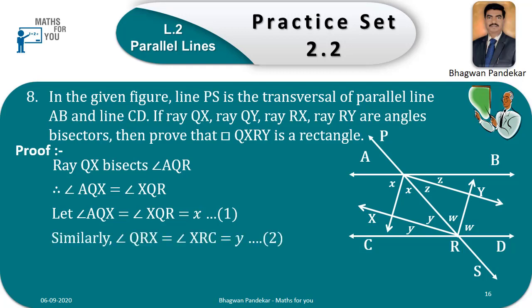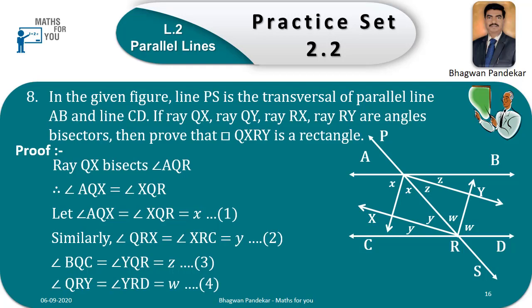Similarly, angle QRX is equal to angle XRC is equal to y. This is your second equation. Therefore, angle BQY is equal to angle YQR is equal to z. This is your third equation. Therefore, angle QRY is equal to angle YRD is equal to w. This is your fourth equation.